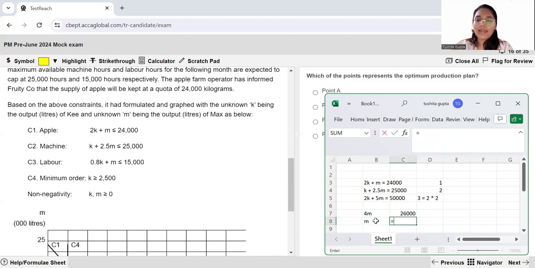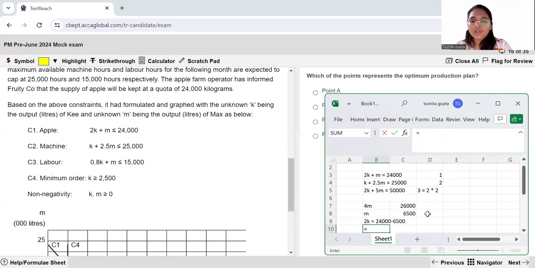Now I can calculate M. It will be equal to 26,000 divided by 4. So now I know the quantity of M which I'm going to be supplying, the output is going to be 6,500 liters for M. Now I will use this M value and substitute it in any of the equations. Let's suppose I do it in equation 1. So in equation 1, 2K is going to be equal to 24,000 minus M, which is 6,500.